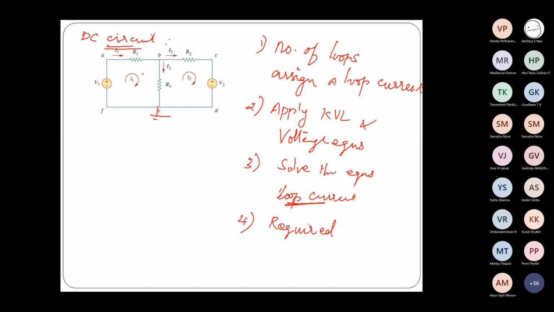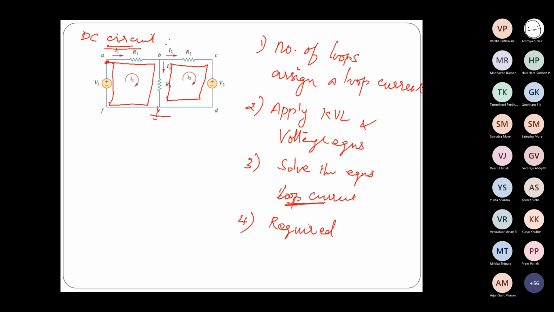Now let us identify the number of loops. When I start from A, this forms one loop, that is A, B, E, F, A. That forms loop 1. Similarly, B, C, D, E, B forms another loop.